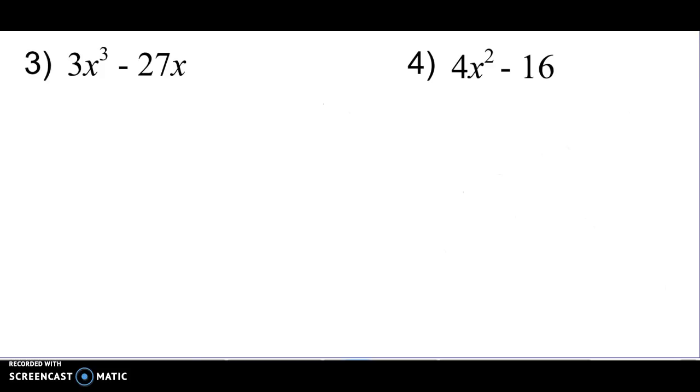Now, number 3 looks like a difference of cubes, but what do we need to do before we factor? Need a GCF. So what's our GCF going to be? 3x, which leaves us on the inside with minus.